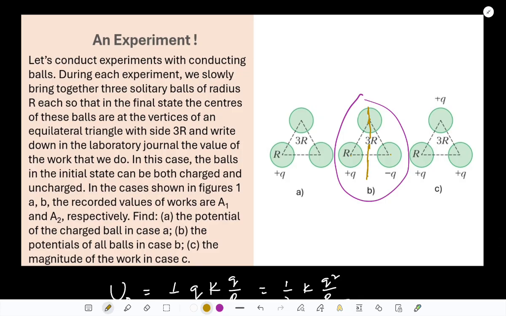So the potential of the uncharged ball is equal to 0. You can see that this point is O and this point is O dash, then you can say that there is an equipotential surface containing the plane that contains the line O dash.